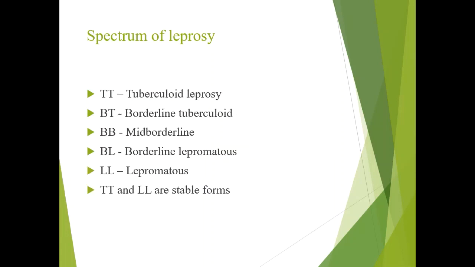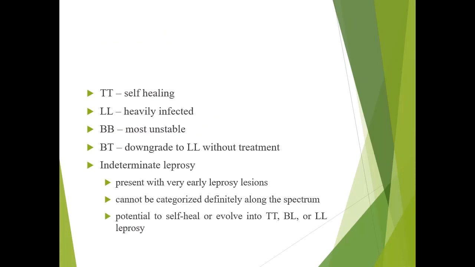The spectrum includes tuberculoid leprosy, borderline tuberculoid, mid-borderline, borderline lepromatous, and lepromatous. The TT and LL are the stable forms. TT is self-healing and LL is heavily infected. BB is the most unstable of all these, and BB downgrades to LL without treatment.